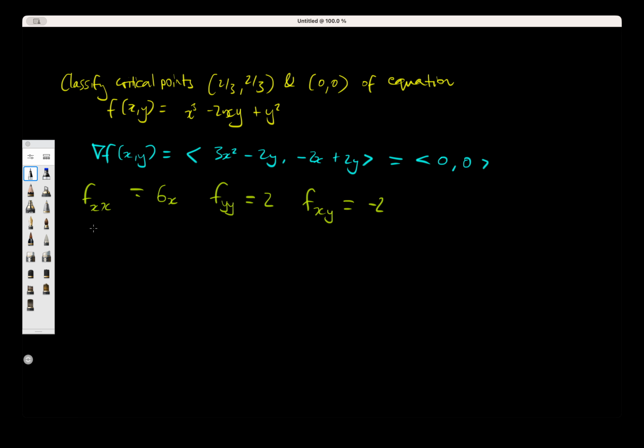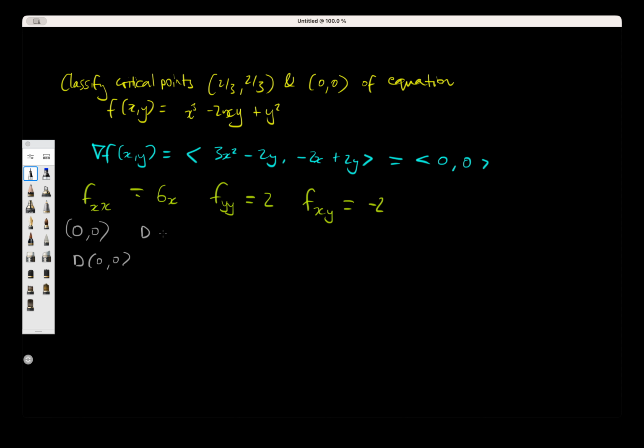So let's take the first one, 0, 0, which looks a little easier. This is our first critical point that we're going to classify. We need to basically find the discriminant at this point. I'll write it here.